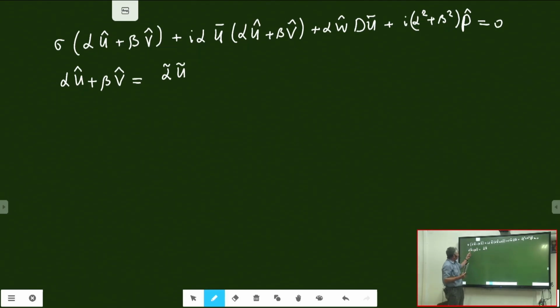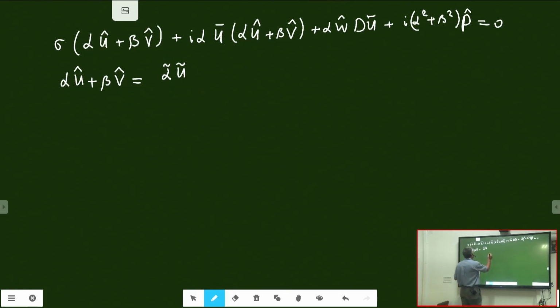Now, clearly, this is just a formality, because any function could be written as a product of an arbitrary constant, which is alpha tilde, and some other function, u tilde. So there is no limitation there. Okay? We don't say what alpha is at this stage, but we just notice that this whole thing is alpha. We just write it as alpha tilde times u tilde. And this is always possible to do.